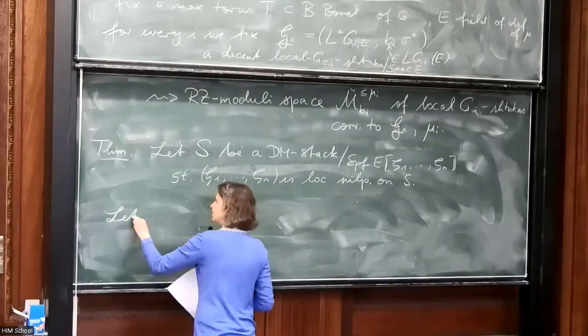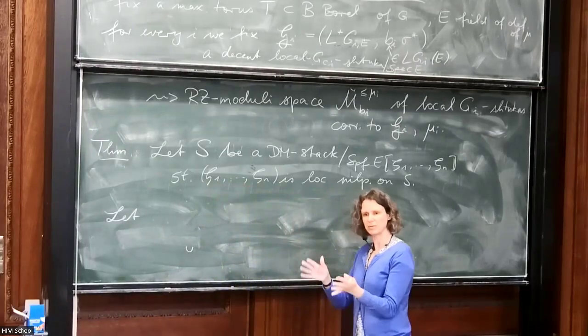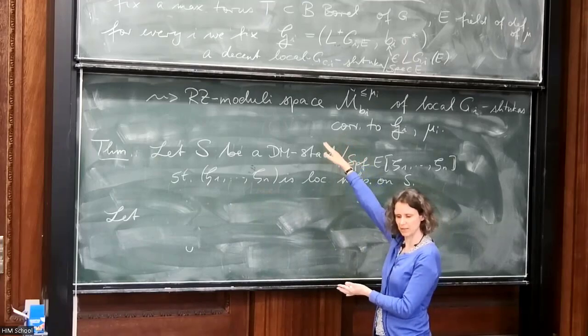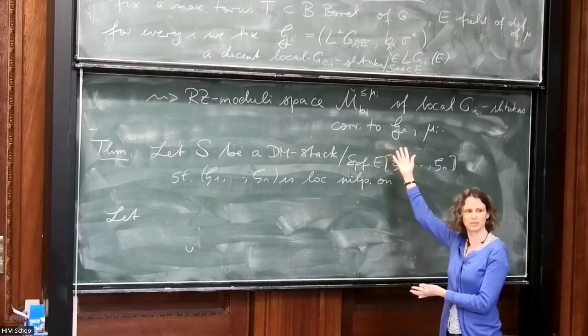Then I want a uniformization morphism, and this will be a map from the product of these Rapoport-Zink moduli spaces to the moduli space of global G-Shtukas.